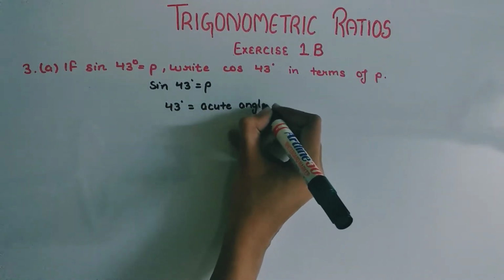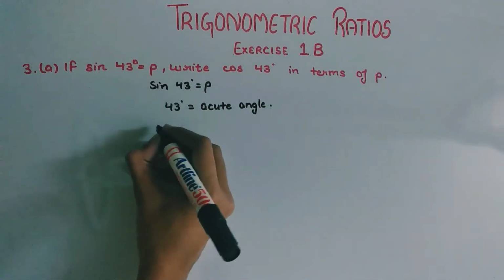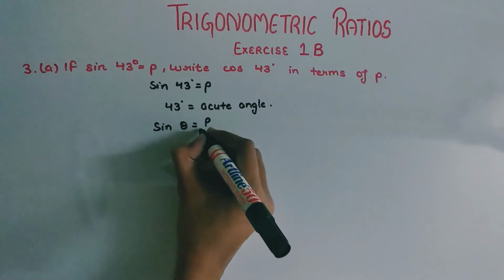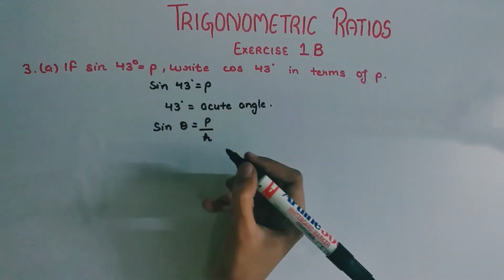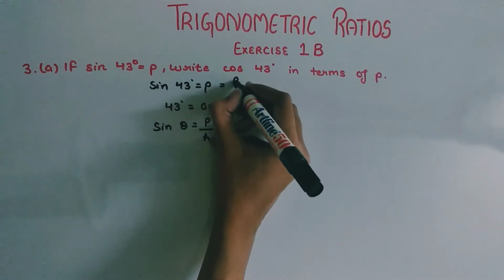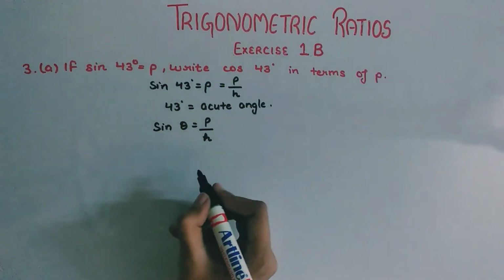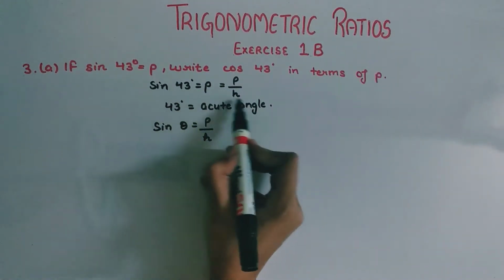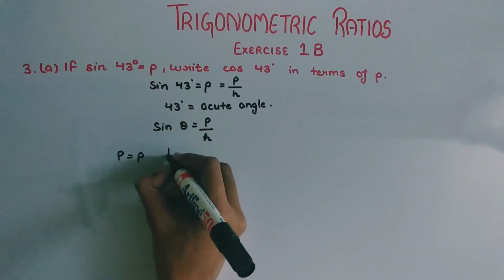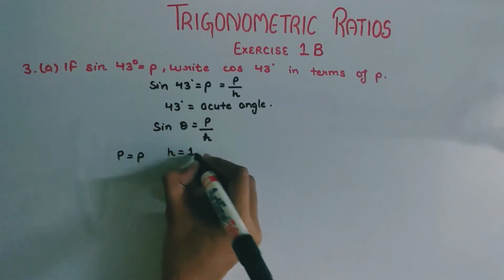Hence, we know that sine of any acute angle, let acute angle be theta, is equal to perpendicular divided by hypotenuse. Hence, sine 43 degrees is also equal to perpendicular divided by hypotenuse. From this we can see that we have value of perpendicular as P and hypotenuse as 1.